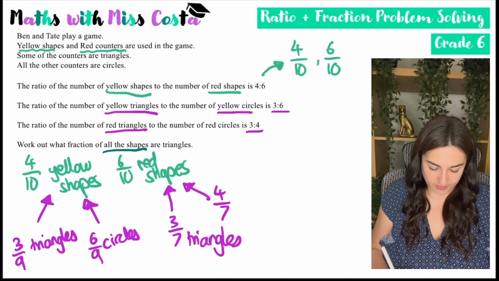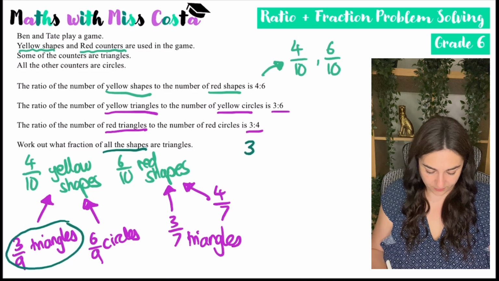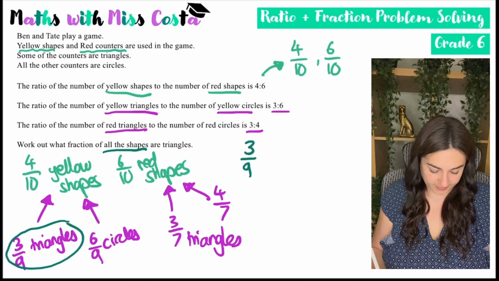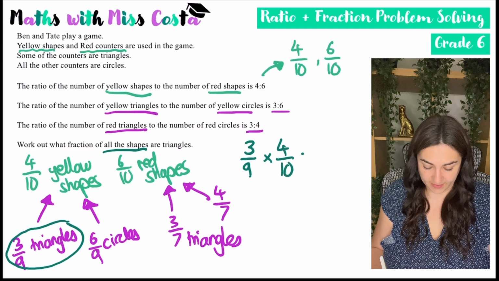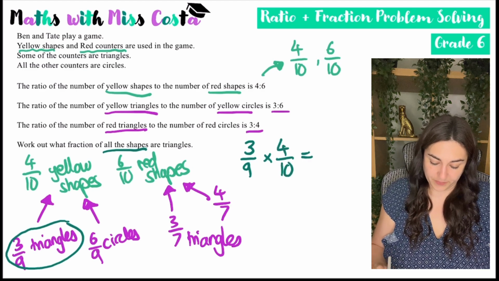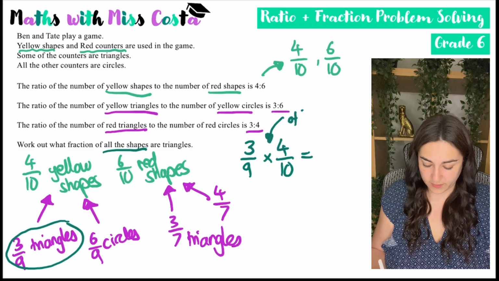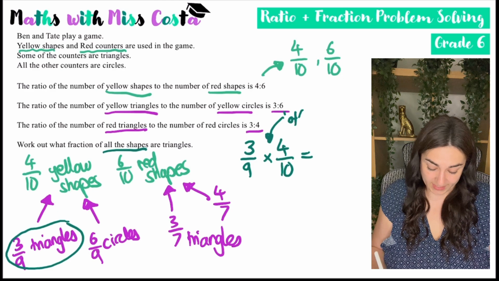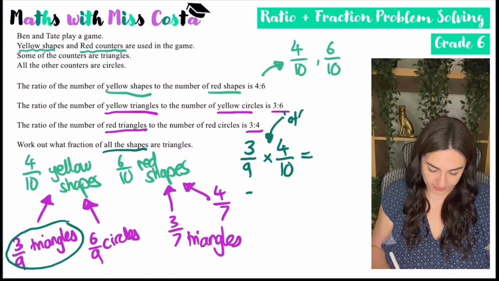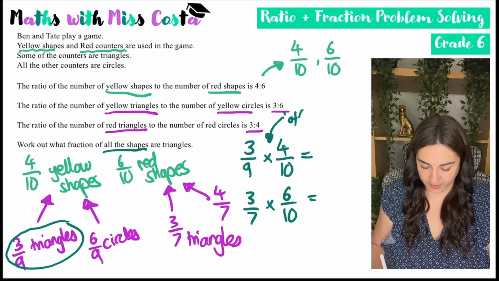Okay, so I know that 3/9 of 4/10 are triangles. Remember in maths, you might not know, but of means a multiplication. So 3/9 of 4/10 are triangles, and also 3/7 of 6/10 are triangles.